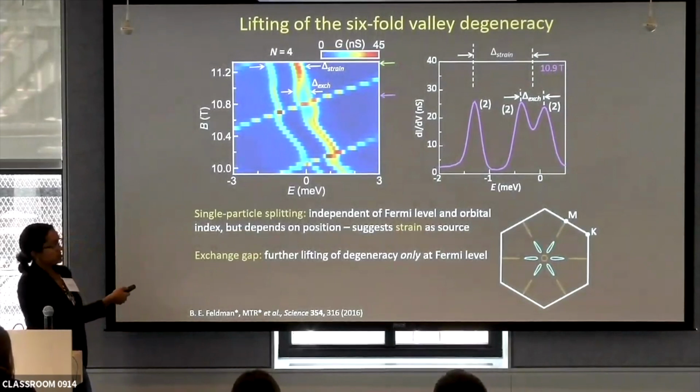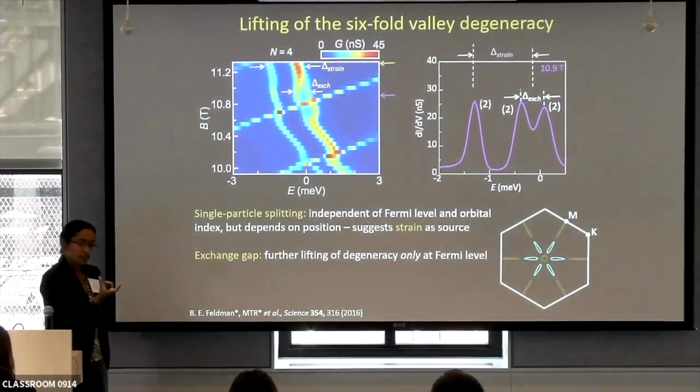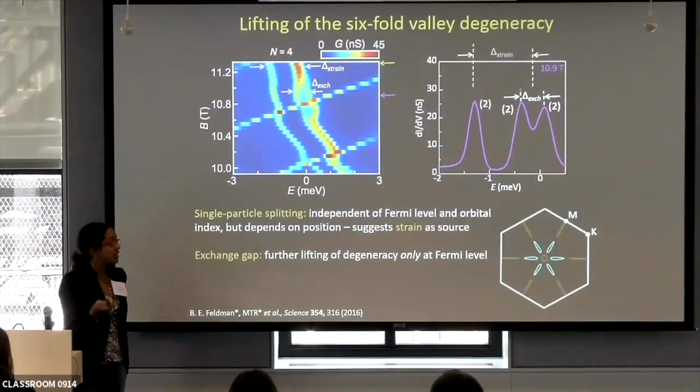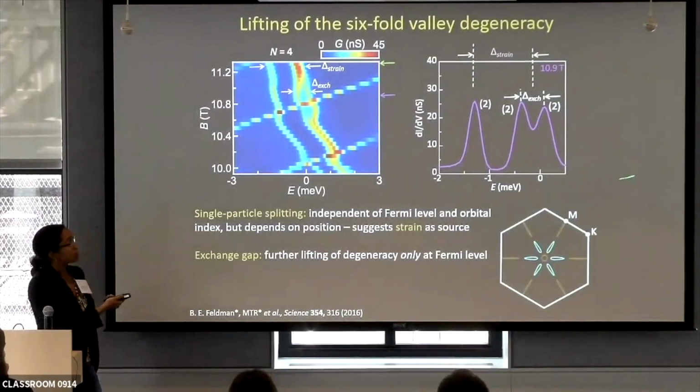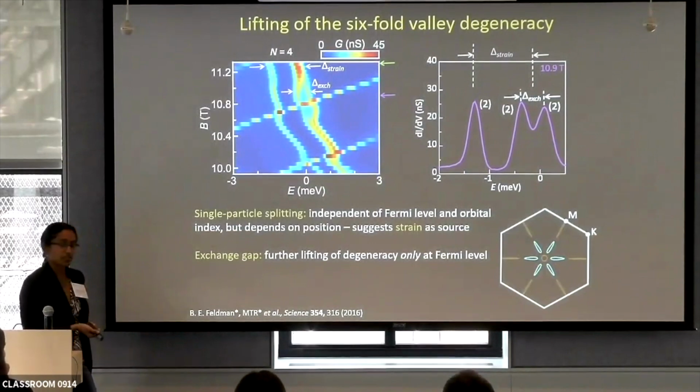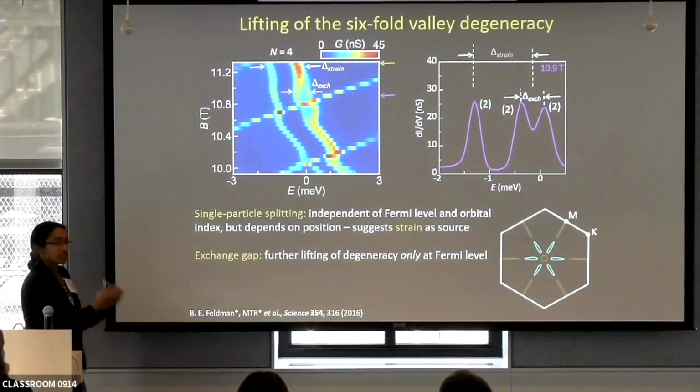And if you look at this energy scale here, this is looking with very high energy resolution at a plus minus 3 milli-electron volt energy range. And this exchange splitting, the Coulomb interaction, is on the order of 500 micro-electron volts here. So what we can see is we can tune the magnetic field to a regime where we've lifted the 6-fold valley degeneracy into 3 doubly degenerate states here, where we see 3 split peaks.